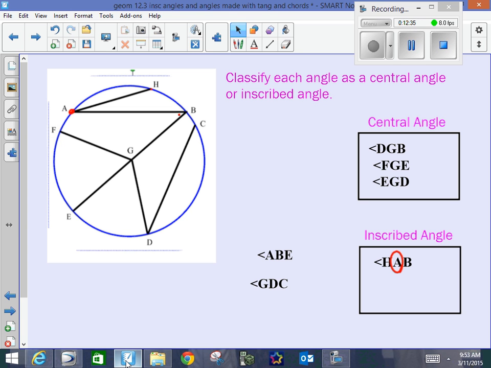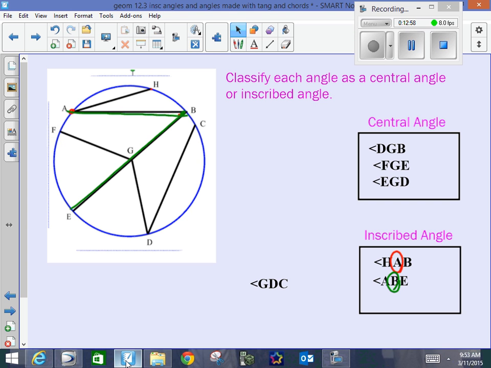EG and GD are radii, G is the center, so it's a central angle. ABE, all the way to E, is inscribed. B is my vertex, and B is sitting on the circle.